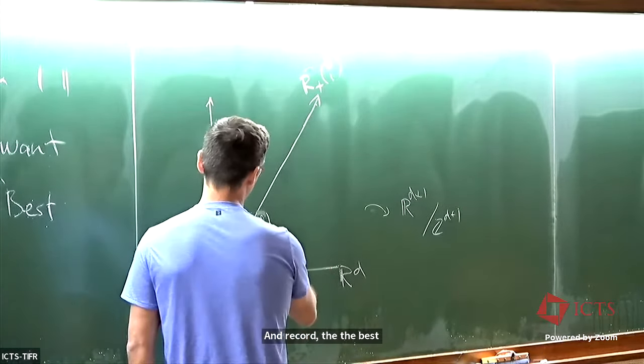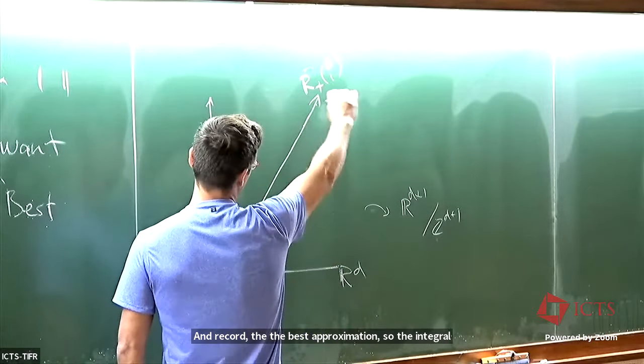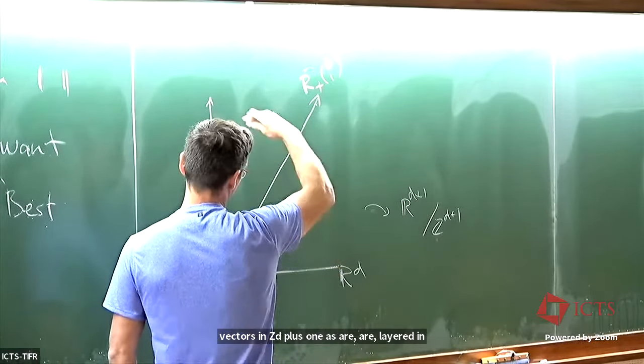So the integral vectors in Z^(d+1) are layered in layers. I have height 1, height 2, height 3 integers, and in each level, say in level 1, I choose the closest integral vector.